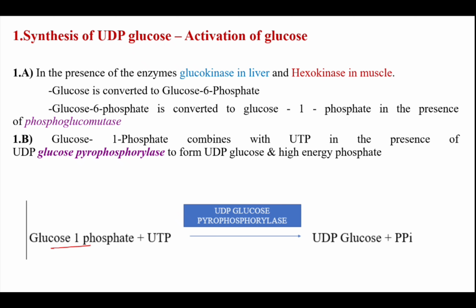Next, this glucose 1-phosphate combines with UTP in the presence of the enzyme UDP glucose pyrophosphorylase to form UDP glucose and a high energy phosphate molecule. So the formation of UDP glucose is important in this step. This is how there is synthesis of UDP glucose and activation of the glucose molecule.